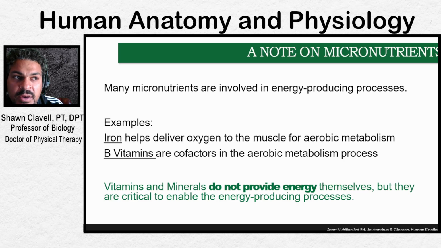They're critical in creating the environment for optimal energy production. So salts like sodium and chloride, or sodium chloride salt, those ions are there to help create an environment for muscles to make energy and use it.